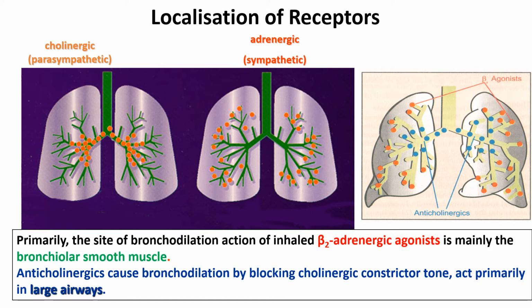In contrast to the beta 2 agonistic drugs. Beta 2 agonistic drugs mainly affect the bronchiolar smooth muscles.